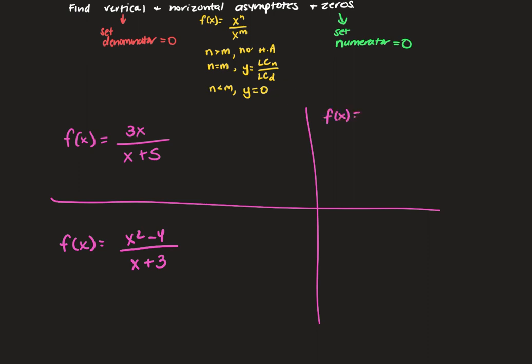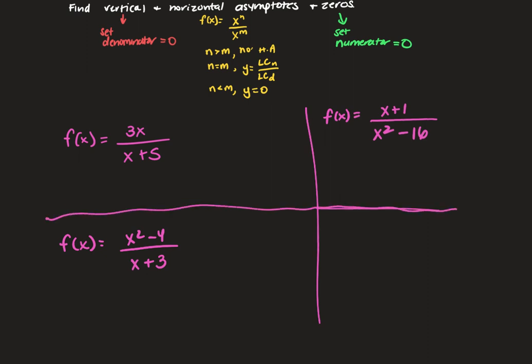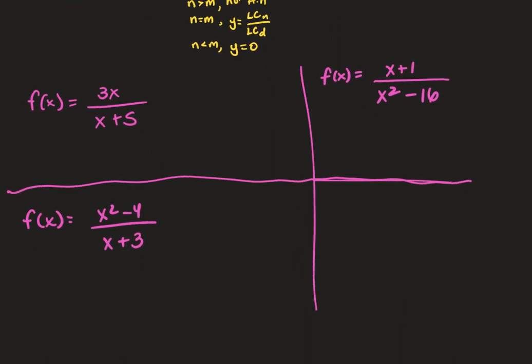Or f of x equals x plus 1 over x squared minus 16. If I were to find the vertical asymptotes, the horizontal asymptotes, and the zeros of each of these, they will be divided up into separate questions, but we can do them for each of them.